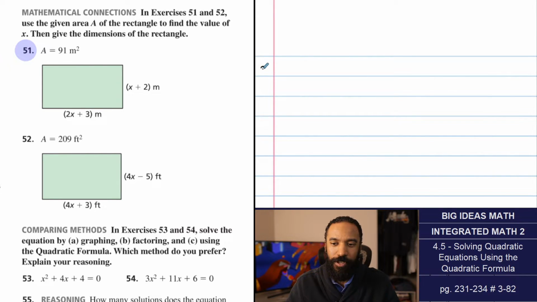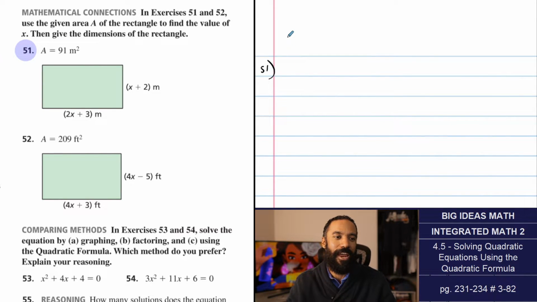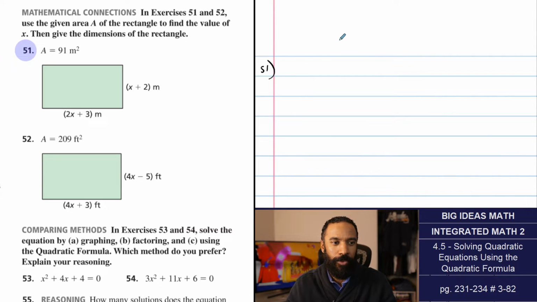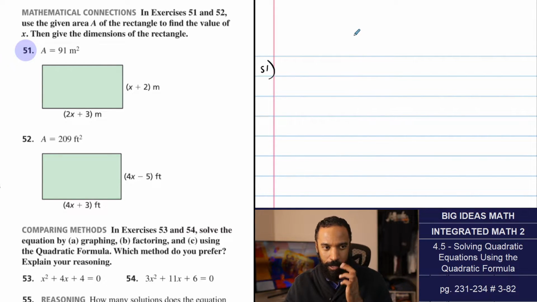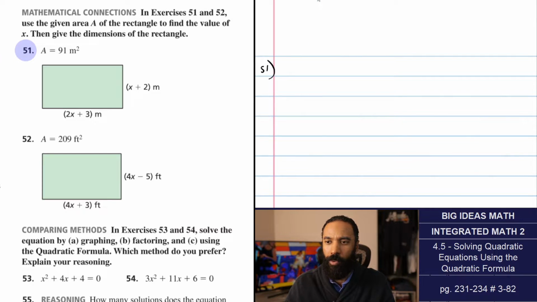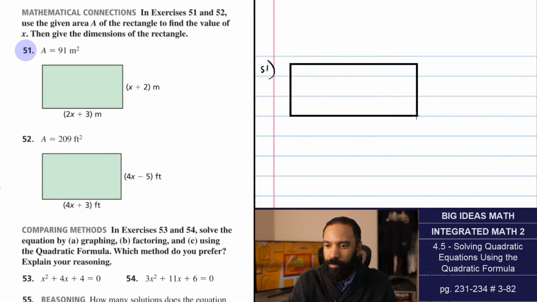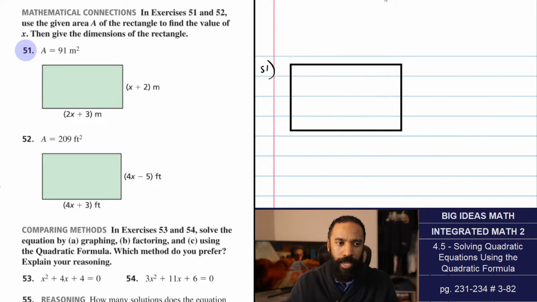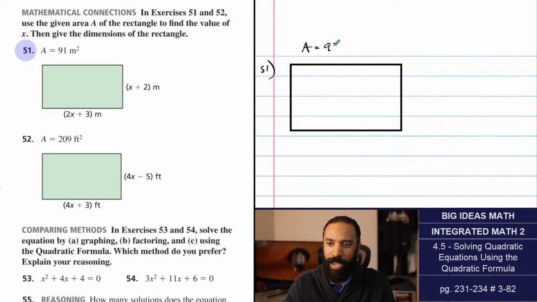In exercises 51 and 52, use the area given to find the value of x, then give the dimensions of the rectangle. So we are going to take a rectangle with an area of 91 square meters. We have 2x plus 3 meters here and x plus 2 meters here.